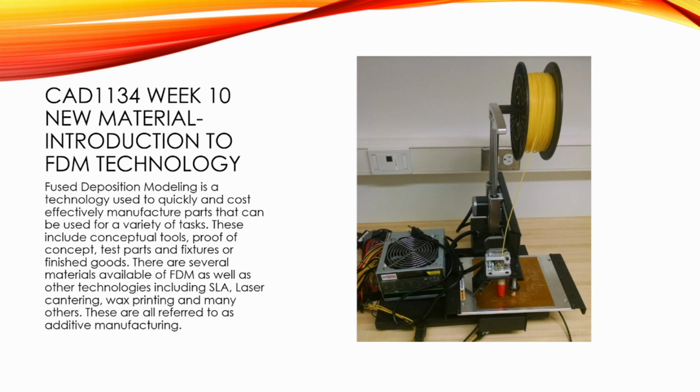There's also what they call digital materials, where we can have 3 or 4 different types of material and vary the mix of these materials as we're printing the part. So I have something very rigid and strong at one end and something soft and pliable at the other end, or something blue at one end and something green at the other end. We mix the colors as we're printing.